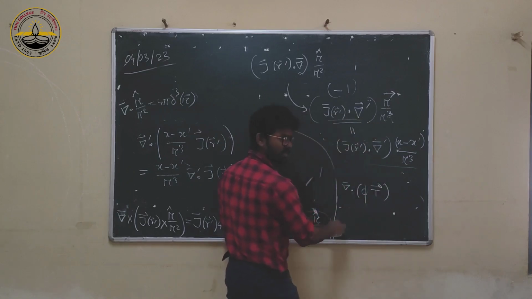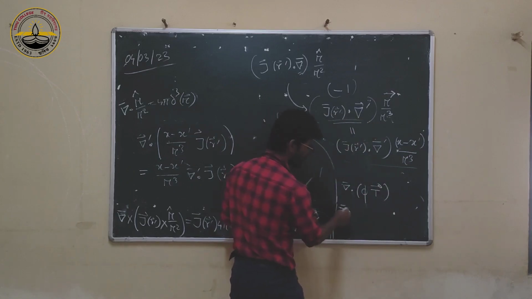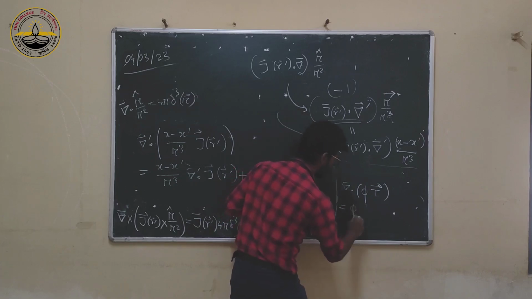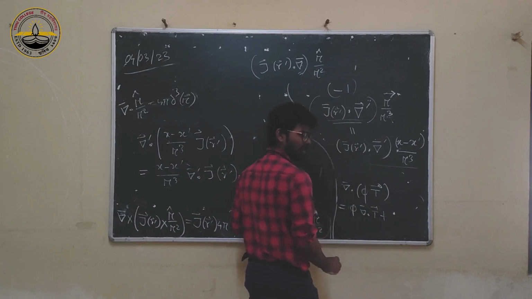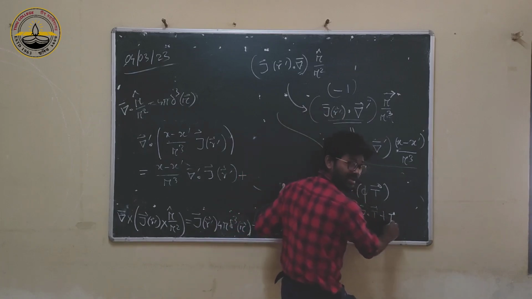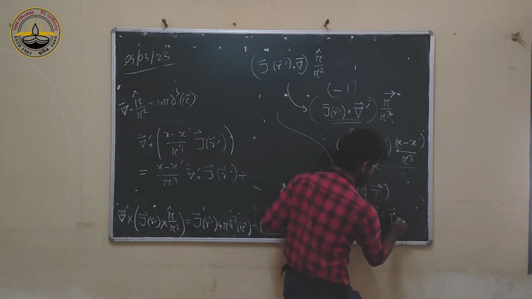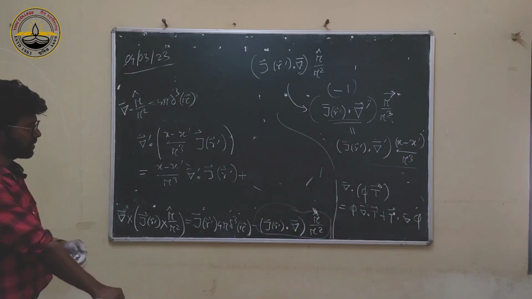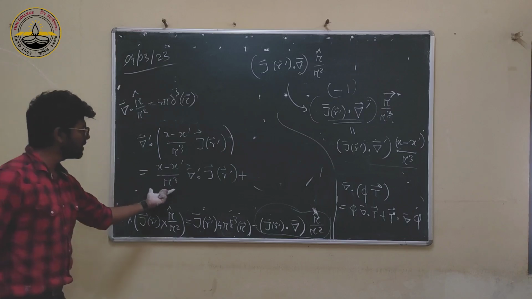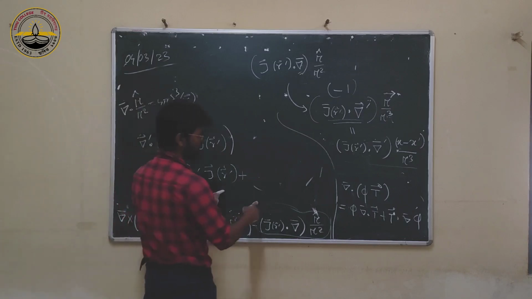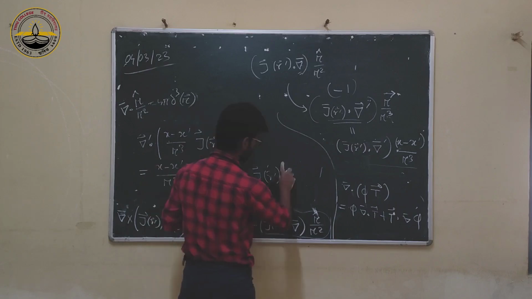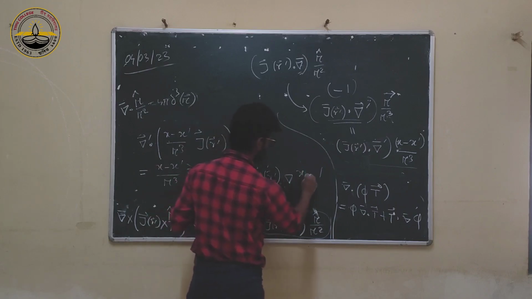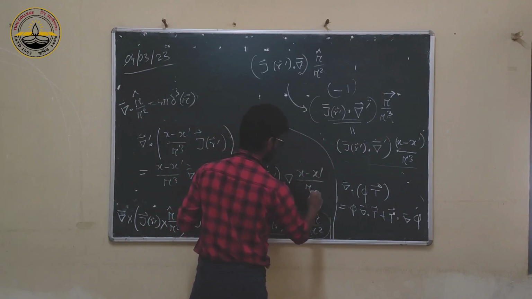What is the formula for this? Phi del dot t plus t dot del phi, right? So phi del dot t plus t dot del phi, so t is what? This thing. Del phi, so del of x minus x prime by r cube.